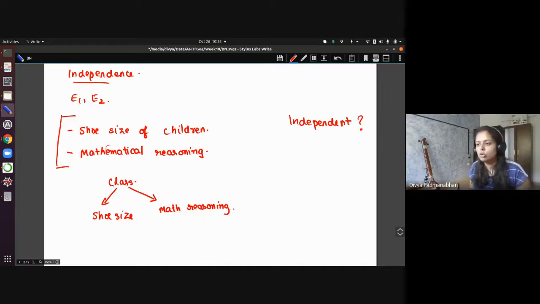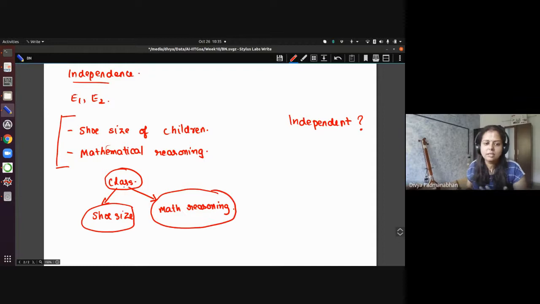So if you know the class, let's write it as a variable. This is also a random variable, which class they are in, and there's a shoe size, and there's a mathematical reasoning ability. So if you know the class in which they are, then it's a fixed class, right?